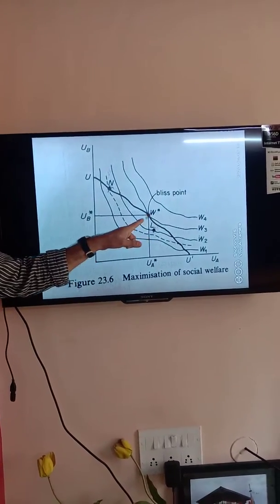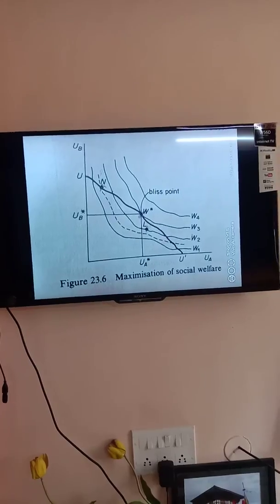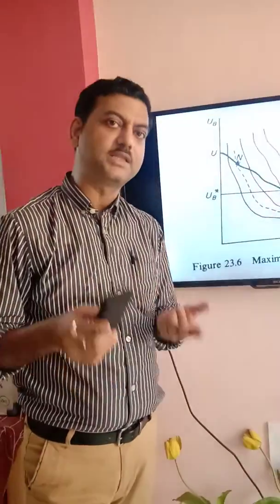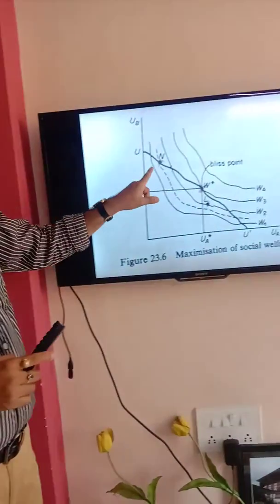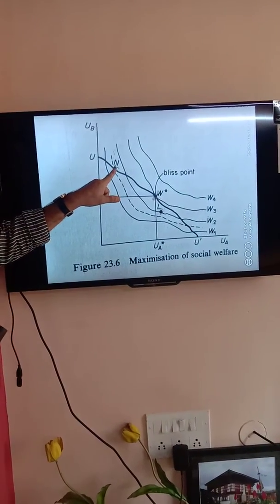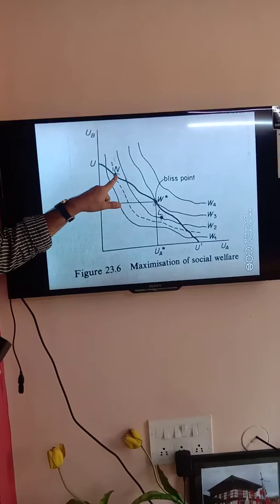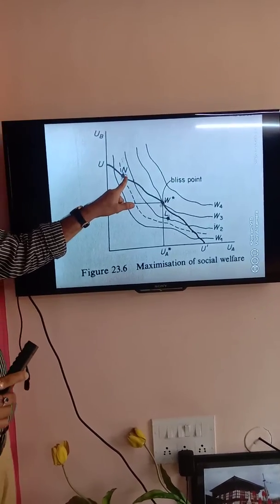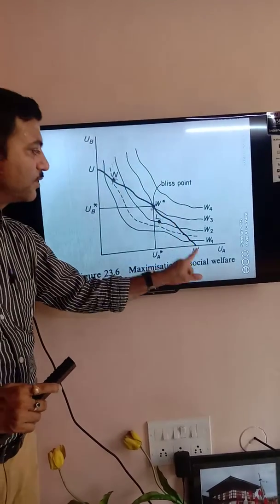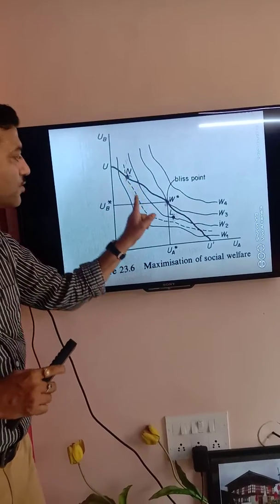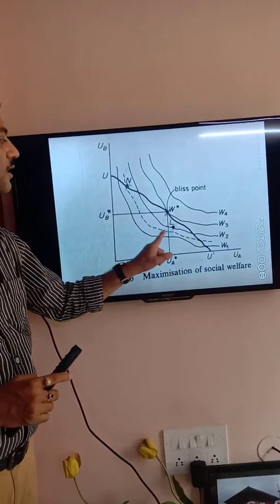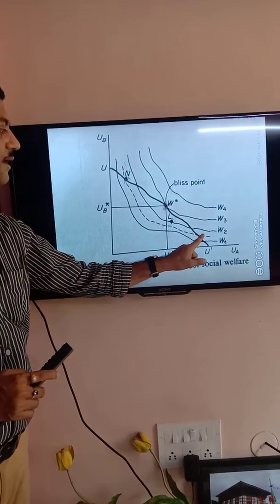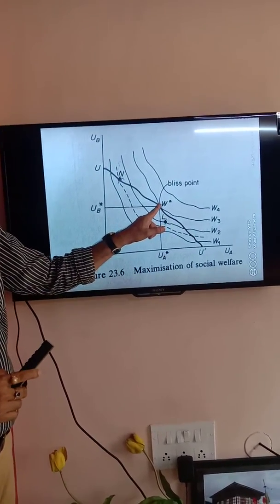But one thing you should remember, that all the Pareto optimality points may not give the social welfare maximum. For example, you consider that point N, here the Pareto optimality condition is satisfied. Why? Because this point N is on the grand utility possibility frontier. But if you draw the social welfare function, you will get lower social welfare compared to point W star.